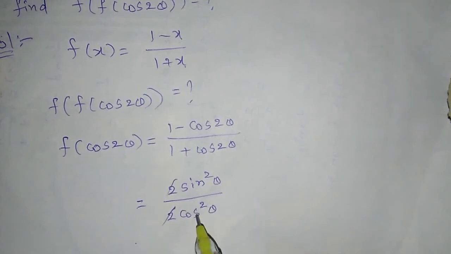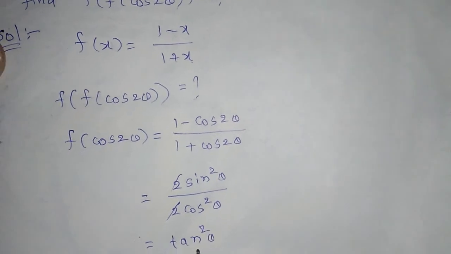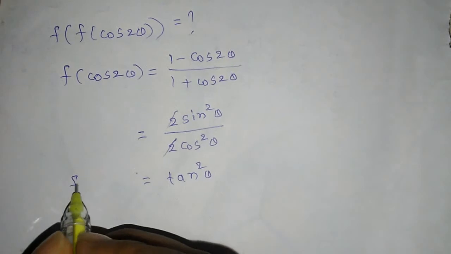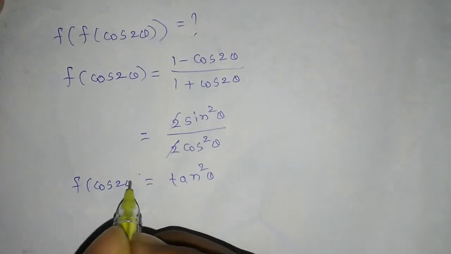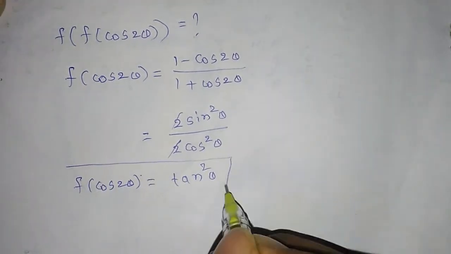Here 2 gets cancelled, sin square by cos square is tan square theta. So we got f of cos 2 theta is equal to tan square theta.